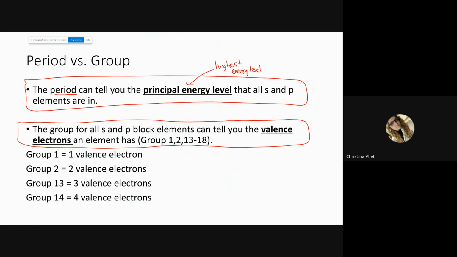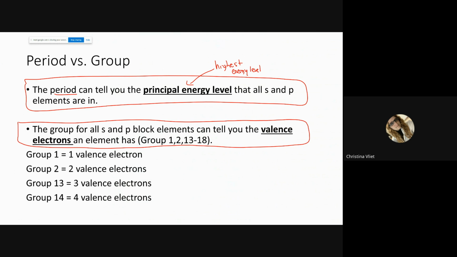So wait, speaking of a 32 one, wouldn't that mean that it would be 32 electrons in one? 32 electrons is in the 4th energy level, but if you'll recall, both the D and the F blocks are not in the principal energy level. For the D and the F blocks, you have to subtract 1 from the row for the energy level those electrons are in, and you have to subtract 2 for the F block.